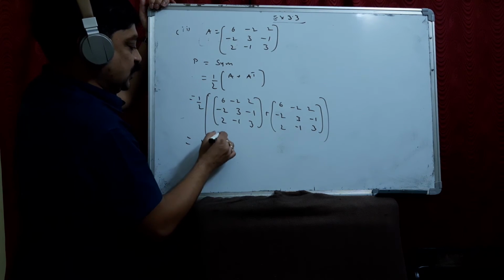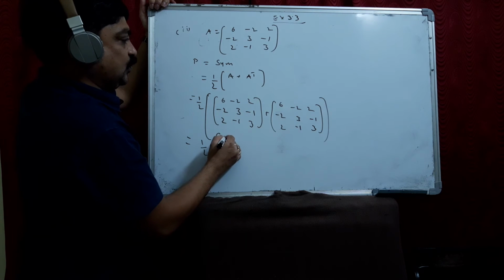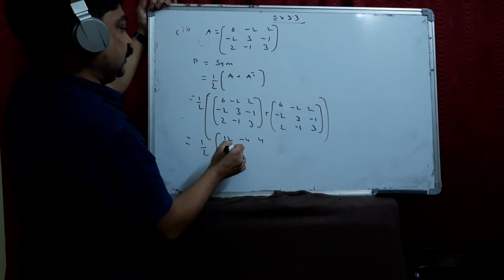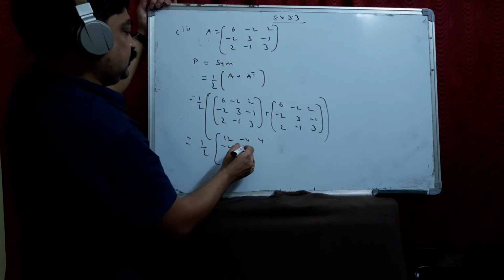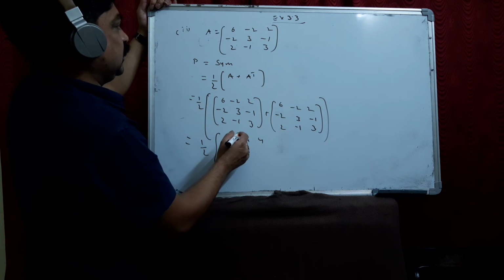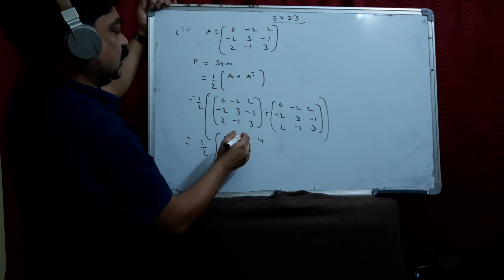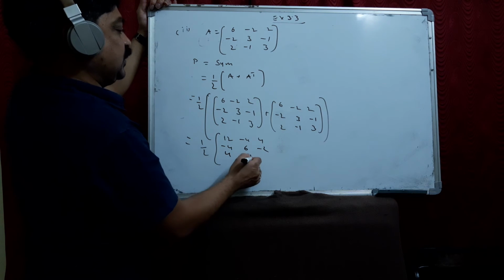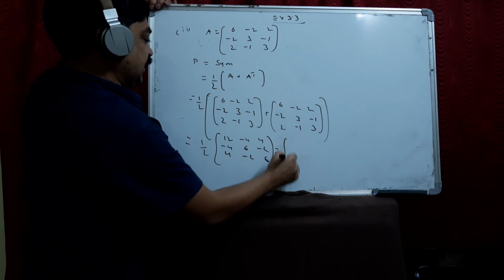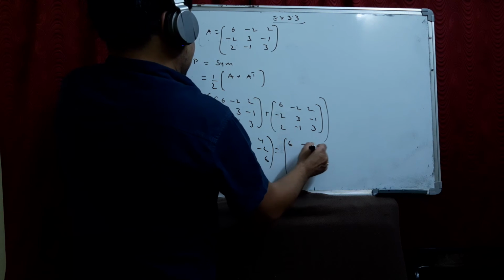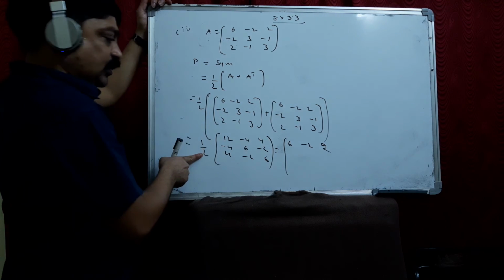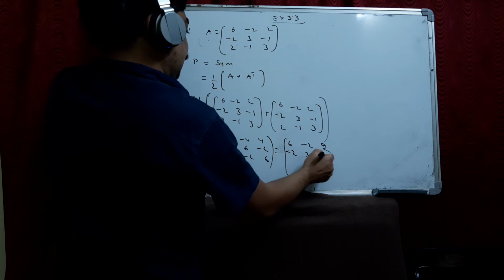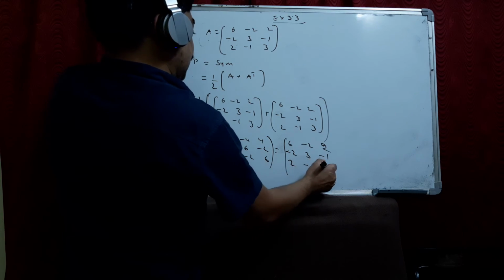Now it becomes 1 by 2 of, add them, 12 minus 4 4, minus 4 6 minus 2, 4 minus 2 6. Now you will get it as 6 minus 2 2, because you have to divide all the numbers by 2. Minus 2 3 minus 1, 2 minus 1 3.